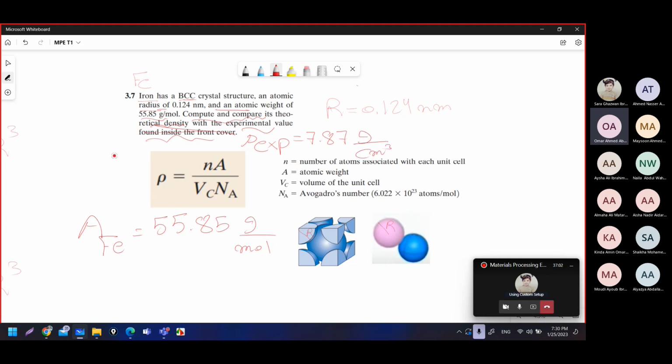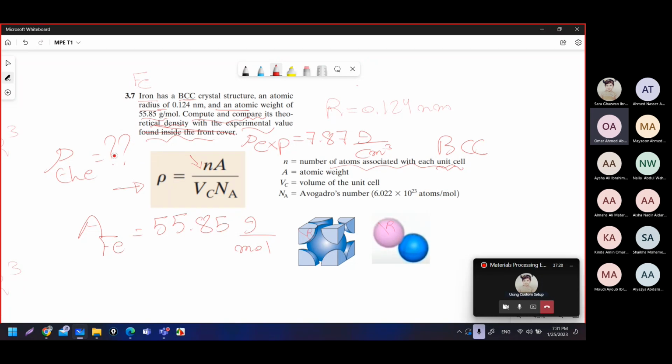I want to calculate the theoretical density, rho theoretical. The equation for the density is equal to the number of atoms associated with a unit cell. The unit cell here, he said, is BCC. It's a crystal structure, so the unit cell is BCC.